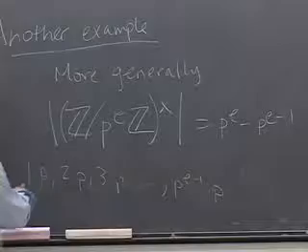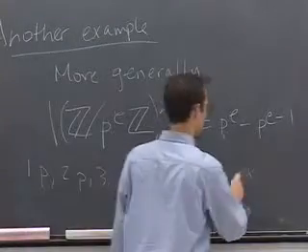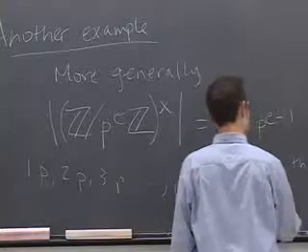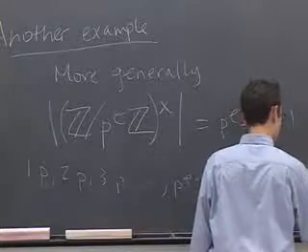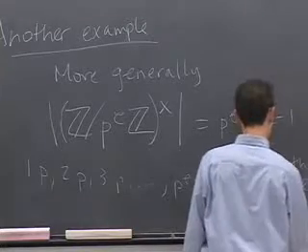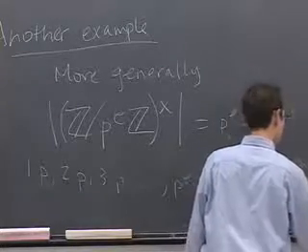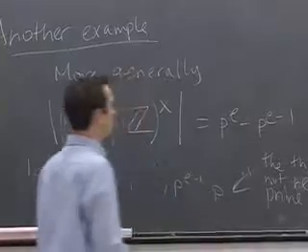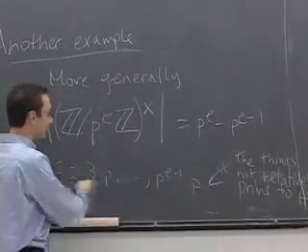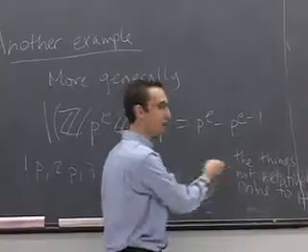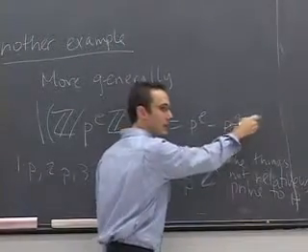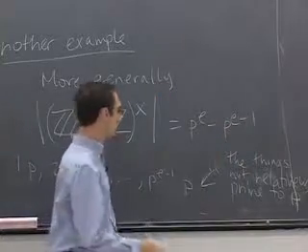These are exactly the things not relatively prime to p. So we started out with a set of p to the e things. We took away p to the e minus 1 things, which were not relatively prime, and we're left over with p to the e minus p to the e minus 1 things, which are relatively prime.